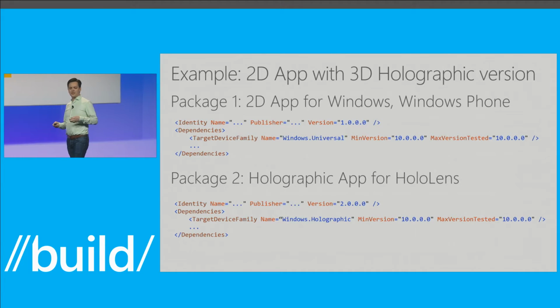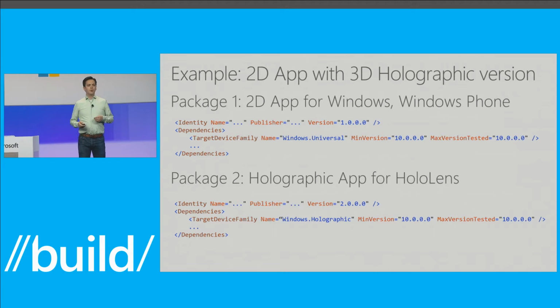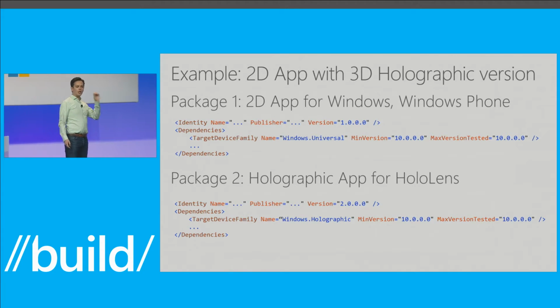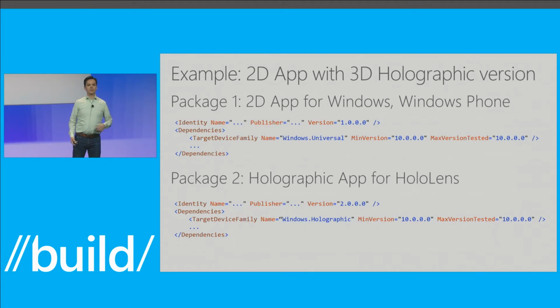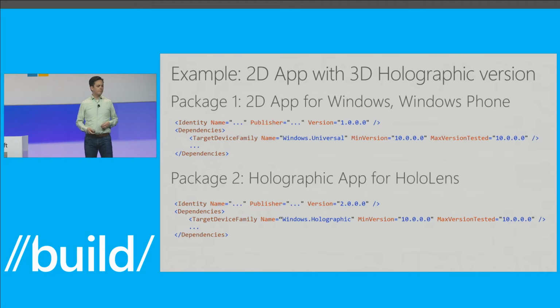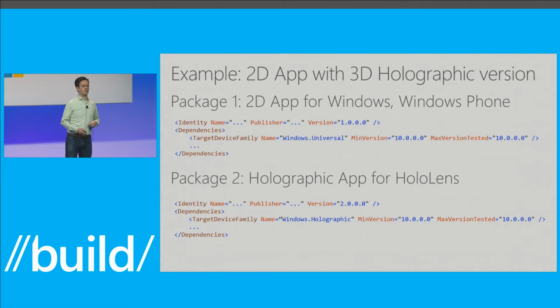So say you have a two-dimensional app that you've already shipped for Windows Phone and Windows Desktop, and you've decided to make a holographic app in Unity for HoloLens. So it's a completely different experience. But you don't actually want to create a separate product. It's the same app. It's just a better experience on HoloLens. In this case, you'll have two app packages. You might have one that's the two-dimensional app for Windows and Windows Phone.